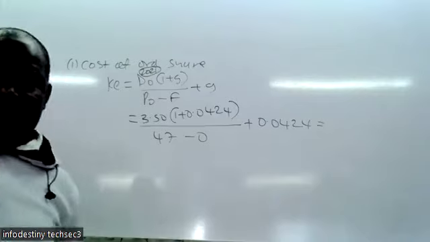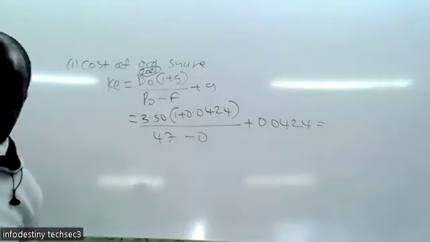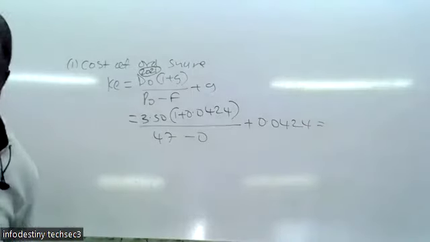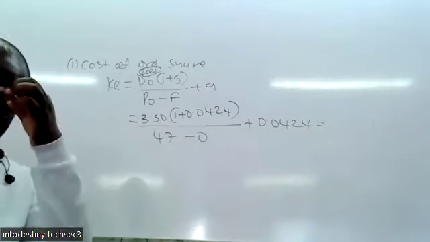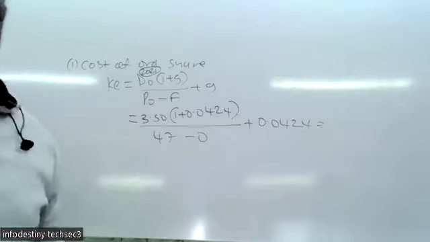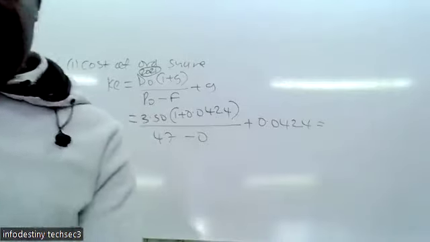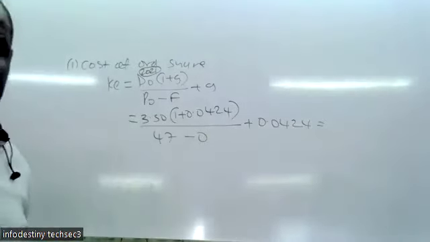So what should be the cost of the ordinary share? Also convert it into a percentage. You get 12%.